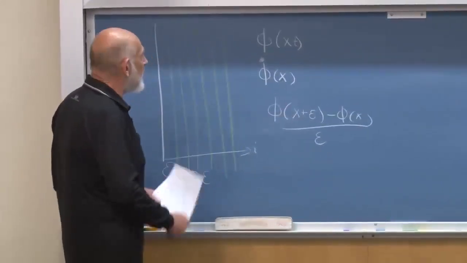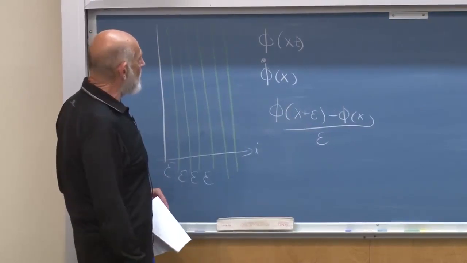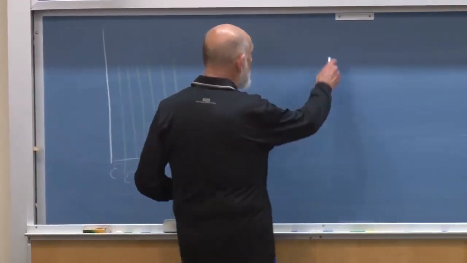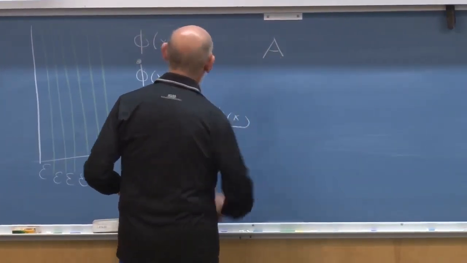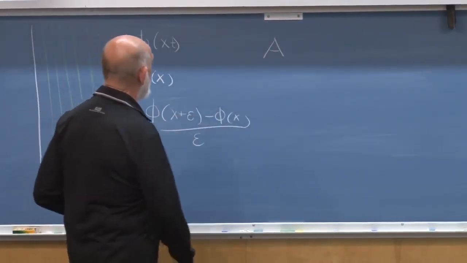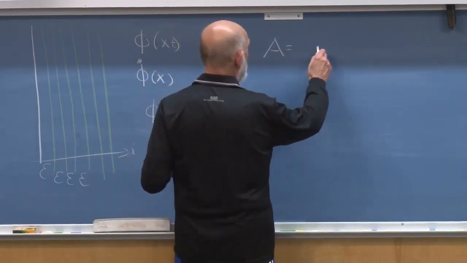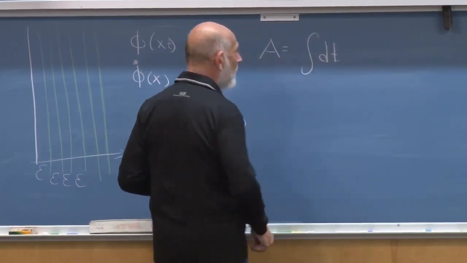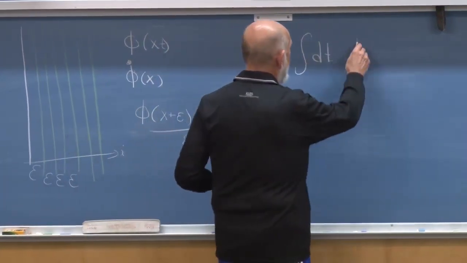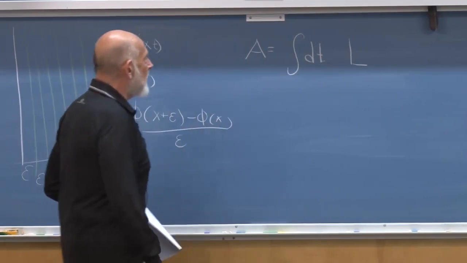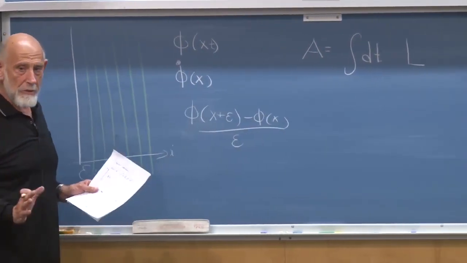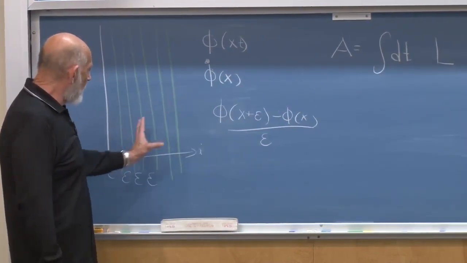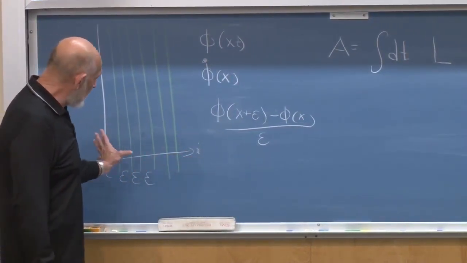Now let's think about what we would mean by a Lagrangian, or better yet, an action. An action in classical mechanics is always an integral over time, an integral dt of a Lagrangian, L. But now the Lagrangian itself is going to be an integral over space.